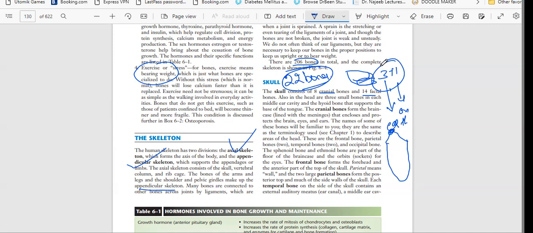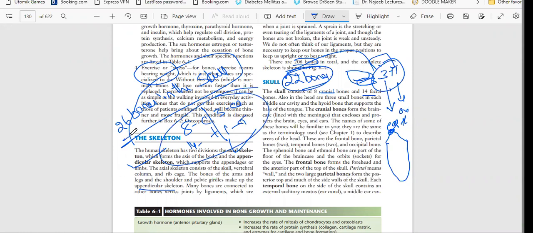So 22 plus 3 plus 1 makes 26 bones in the skull: 8 in the cranium, 14 in the face, 3 in the ear, and 1 to support the tongue. The total is 26 bones. So let's talk about each and every bone in detail.